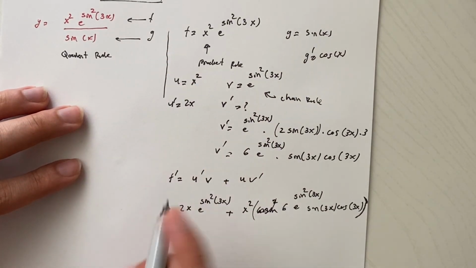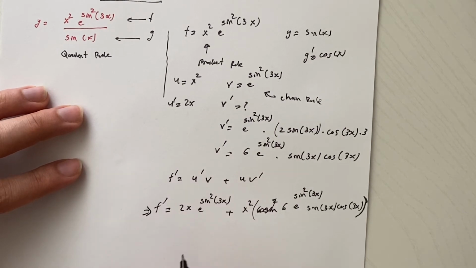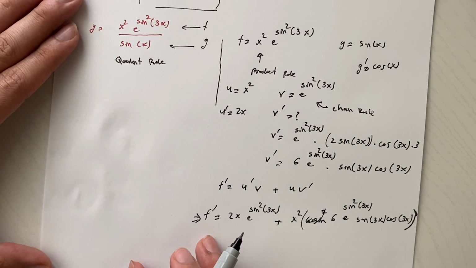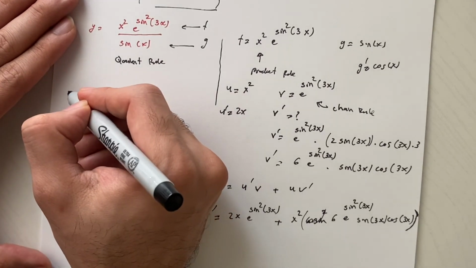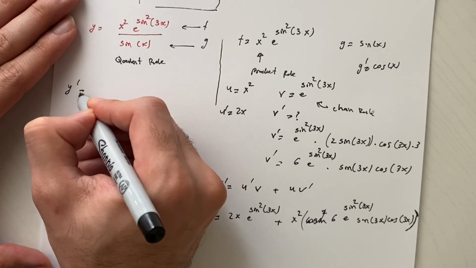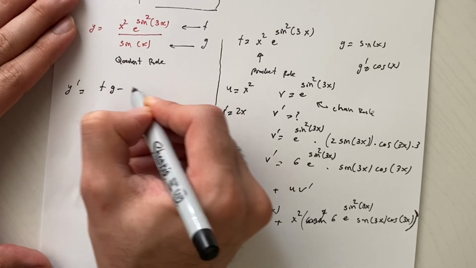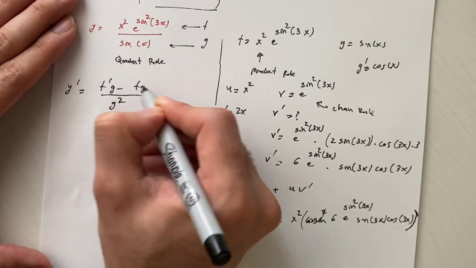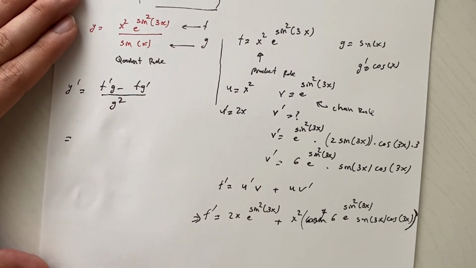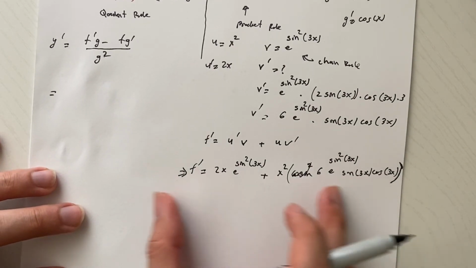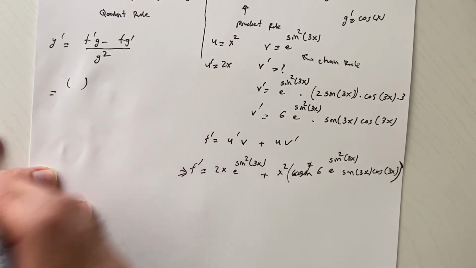Now we have all we need to use the quotient rule. So we go back and we use the quotient rule, which is what the quotient rule says. So I'm gonna take f prime, which is this whole term here, but I'm not gonna write it.